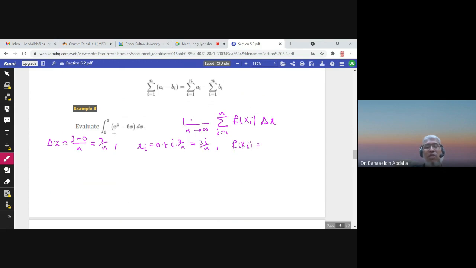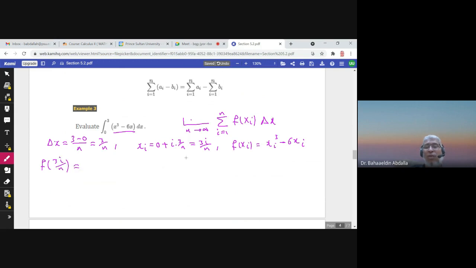Well, this is the function. So f of xi is xi cubed minus 6 xi. Okay, but xi is 3i over n. So I need to find f of 3i over n.